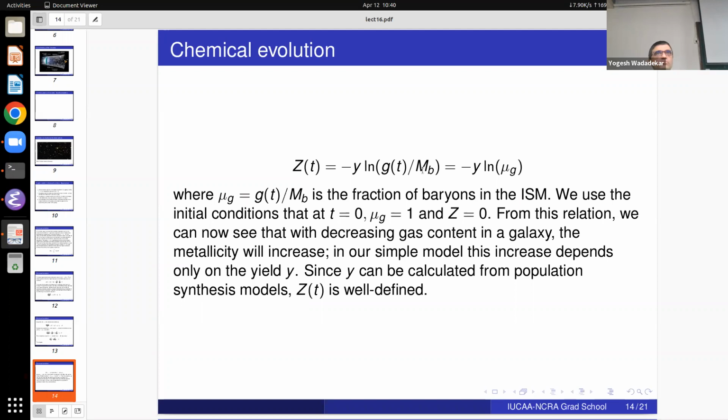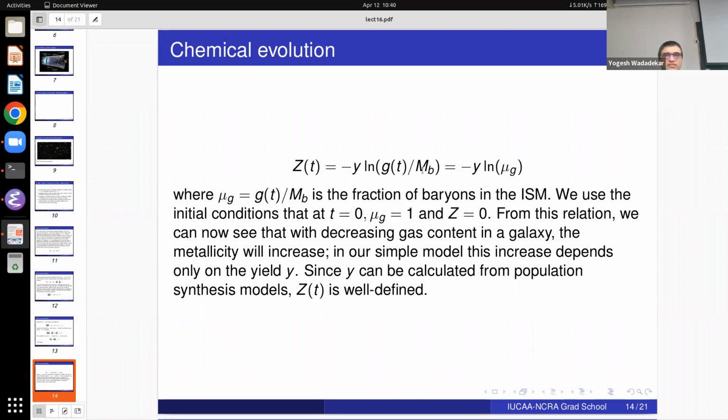So the total mass in the gas divided by the total baryonic mass of the galaxy is the mass of baryons in the gaseous phase in the interstellar medium. We plug in the initial conditions at t equal to 0, mu g is 1, because all the mass fraction is contained in the gas, and metallicity is 0.